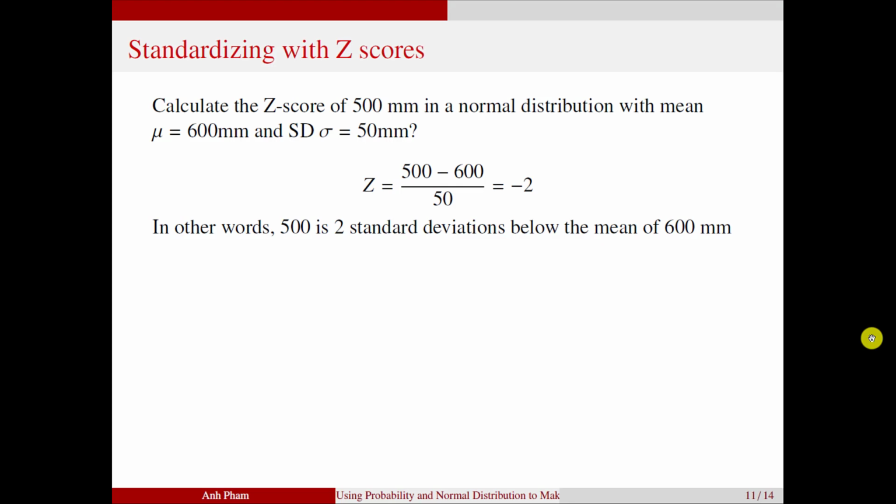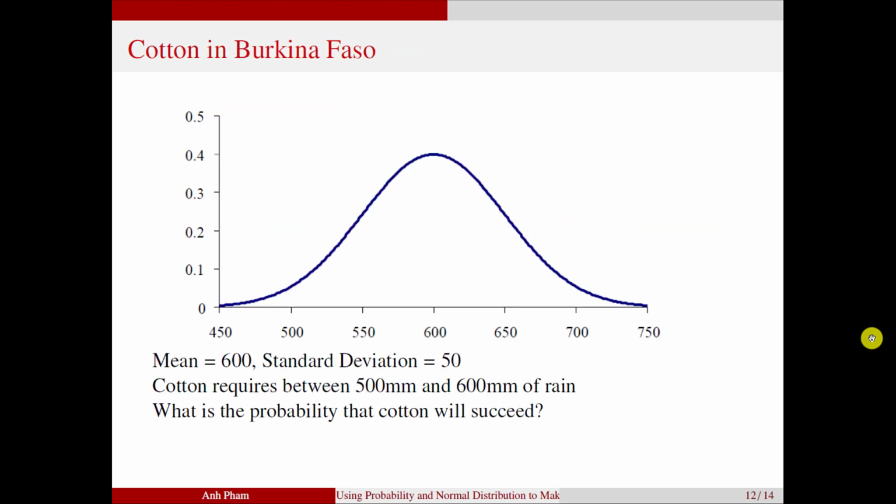So with a similar kind of mindset, now calculate the probability that cotton will succeed in Burkina Faso. Pause for a moment and think about the answer.